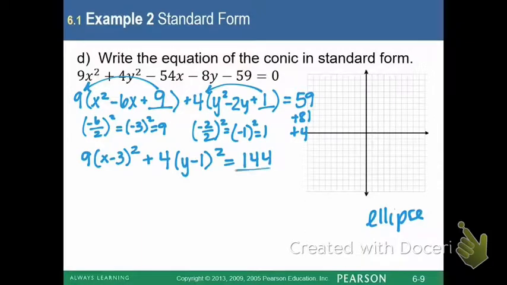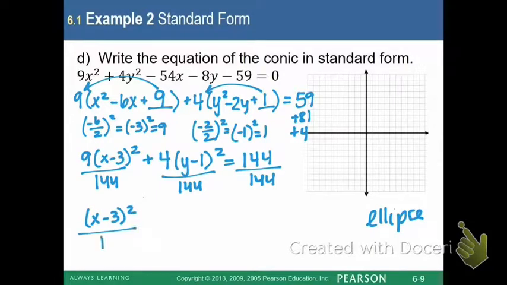So then my last step, always divide by whatever that number is so that it's equal to 1 over there. So then now I just need to simplify my fractions. I end up with (x minus 3) squared over 16 plus (y minus 1) squared over 36 equals 1.